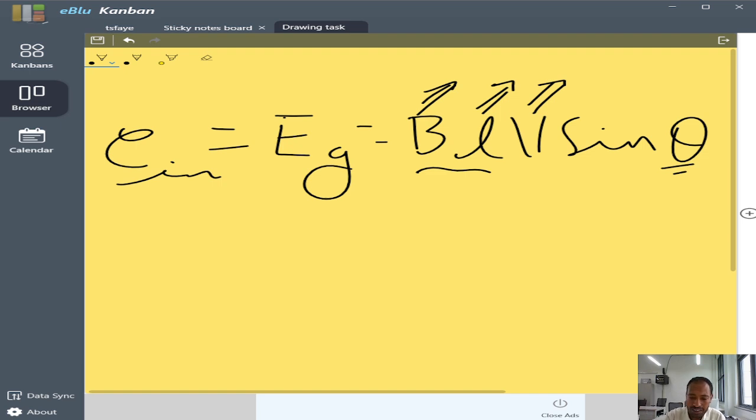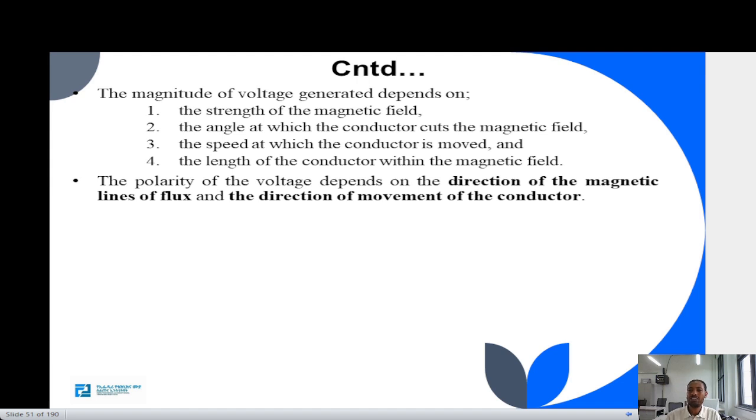What are those parameters? It depends on the strength of the magnetic field, the angle at which the conductor cuts the magnetic field, the speed at which the conductor is moving, the velocity, and the length of the conductor L. These are the factors which determine the magnitude of the induced voltage in our generator.